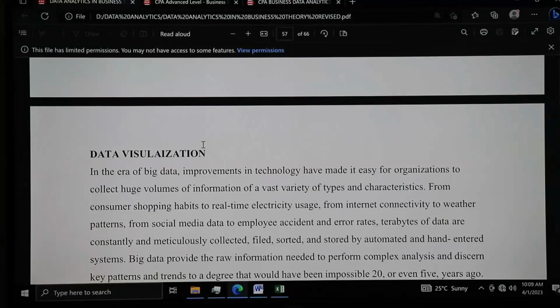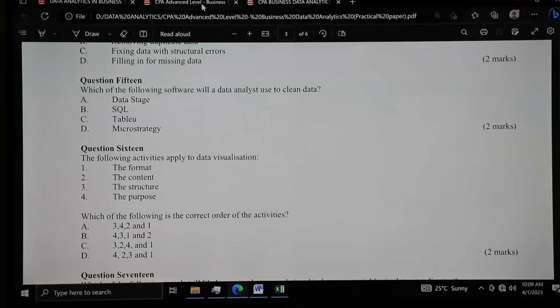And in our question, you're supposed to say which of the following activities apply to data visualization: format, content, structure, and purpose. Which of the following is the correct order of these activities? Where do you start? Anything that starts with the purpose is a likely choice, because you first identify the purpose.